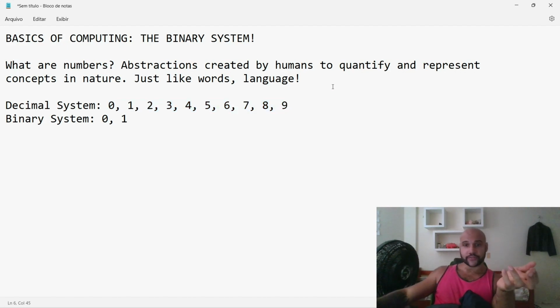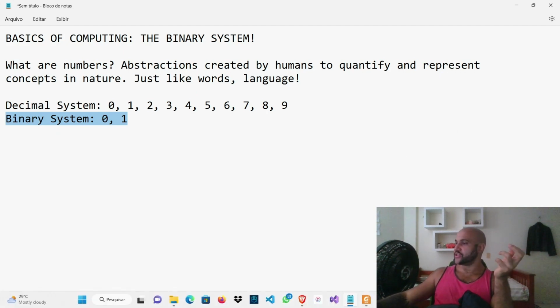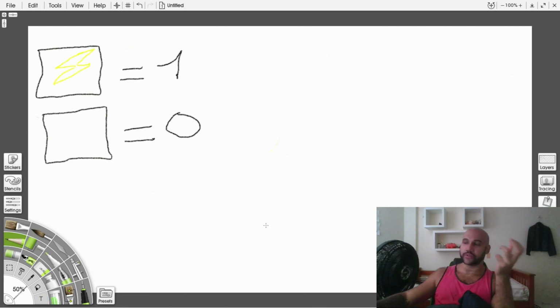And there are other ways of counting as well. In the very near future, we're going to use the hexadecimal system, which uses 16 digits. So we are used to counting with the decimal system, but as programmers, we're going to start to get used to counting as well with the binary system because it fits very well with the architecture of computers, of how computers are designed.